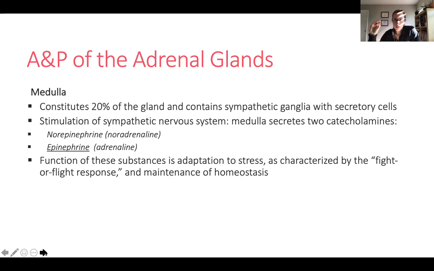So those are 2 neurotransmitters that we learned about last unit. So these substances, they adapt to stresses called the fight or flight response or the resting and digestion. So the parasympathetic nervous system and then the sympathetic nervous system, fight or flight response, all of those things.